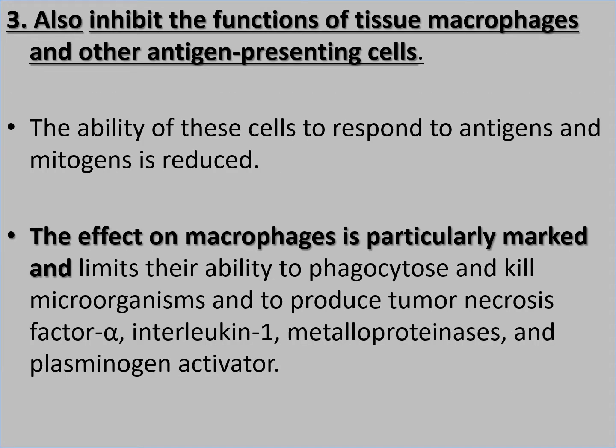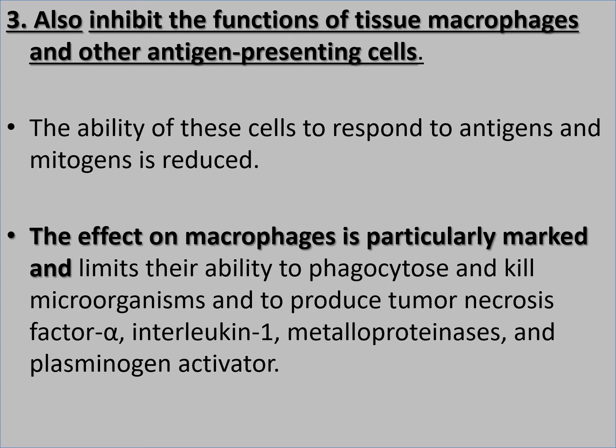We have a macrophage system as well, the defense system, antigen presenting cells. The glucocorticoids inhibit the function of all these tissue macrophages, and the ability of these cells to respond to antigens and mitogens is reduced. Now, this was the hypothesis.